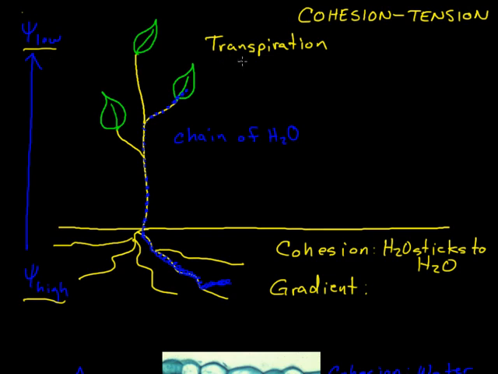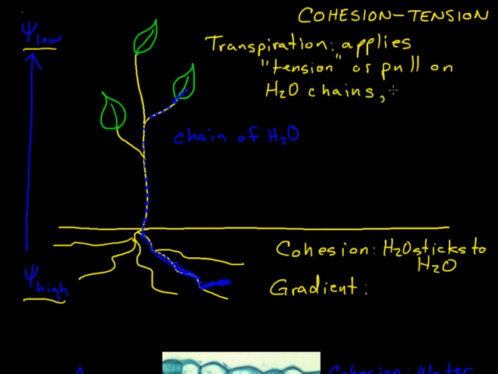And as water molecules evaporate, it applies the so-called tension, or pull, an upward pull in fact, on the water molecule chains, so to speak. And basically it pulls the chains up one molecule at a time.